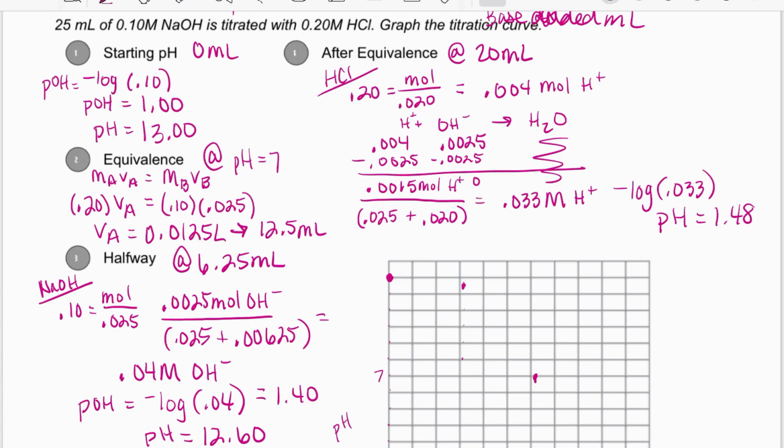And then after equivalence at 20 milliliters, my pH was at 1.48, so about there. So it's going to be relatively flat, and then we're going to have our steep change, and then it flattens out again.